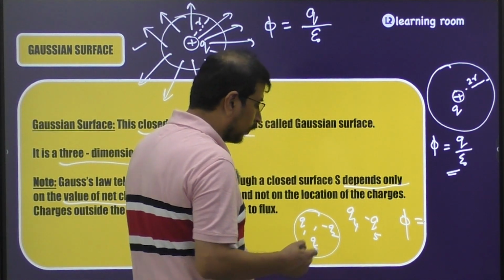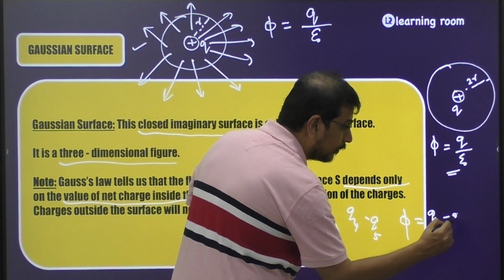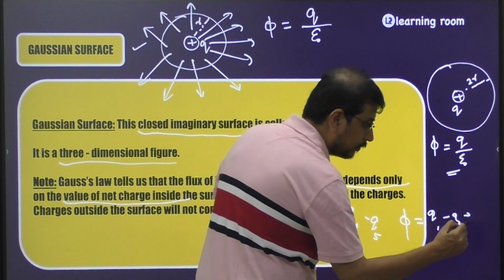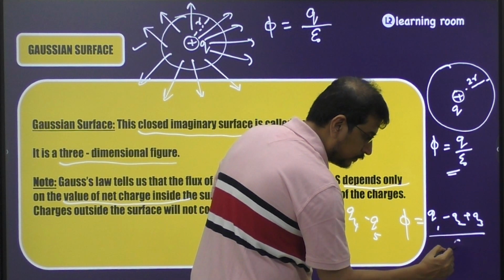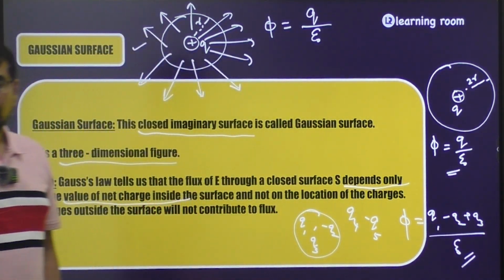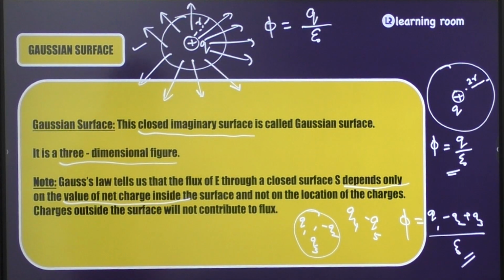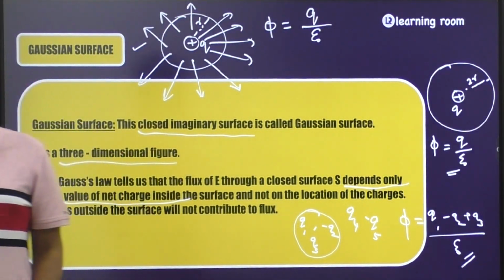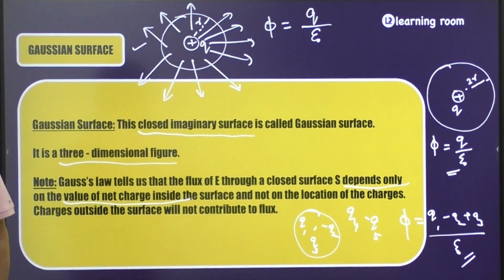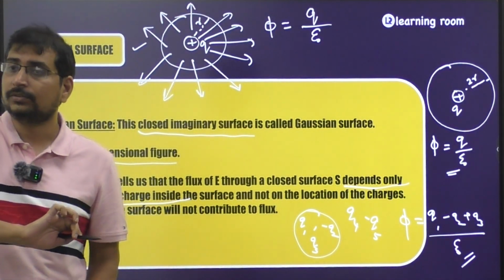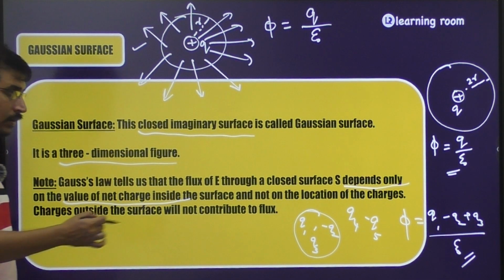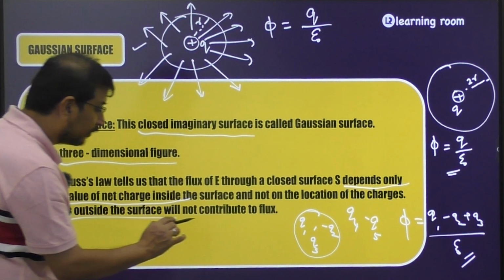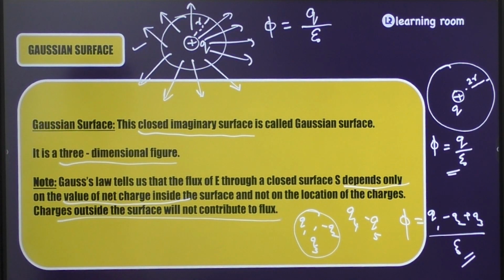So flux will be equal to Q1 minus Q2 plus Q3 divided by epsilon naught. Another important point to be noted is the total flux depends only on the charge that is present inside the Gaussian surface. Whatever is the charge outside the Gaussian surface will not contribute to the flux at all.